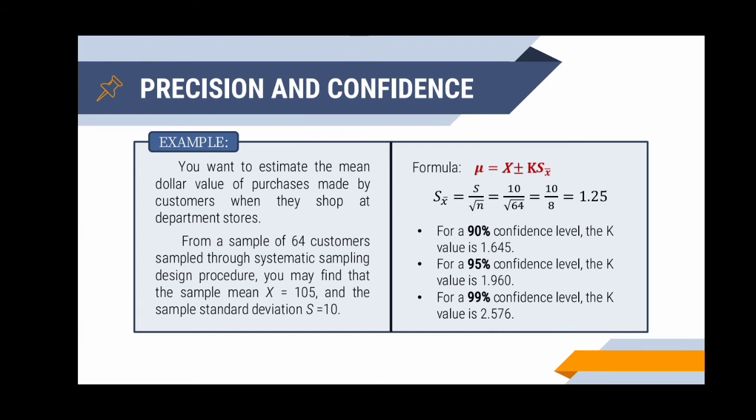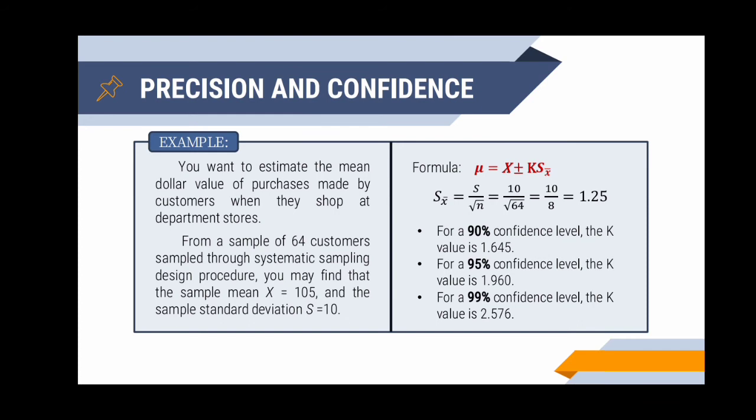And since given yung dalawa, let's just substitute yung mga given. So, yung ating standard error now is equal to 10 divided by the square root of 64 or 8. So, we will get 1.25.